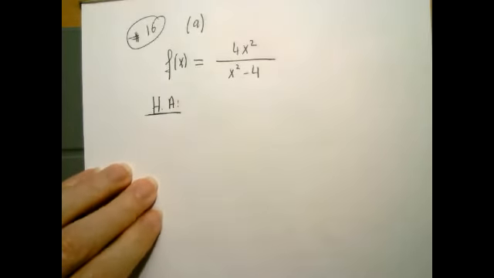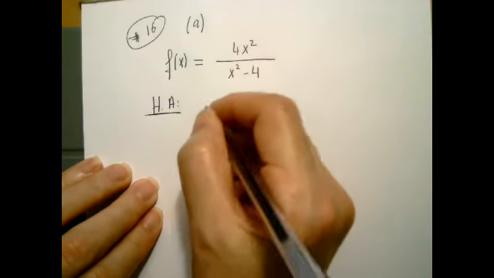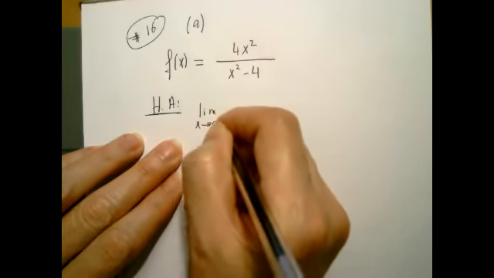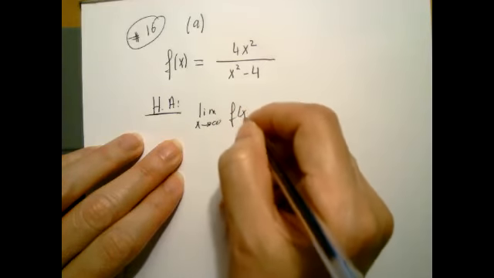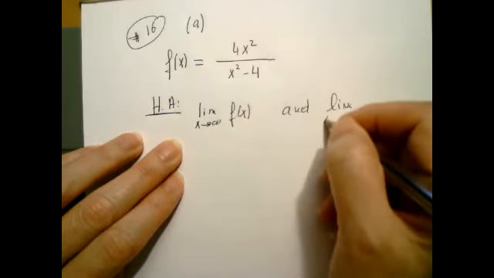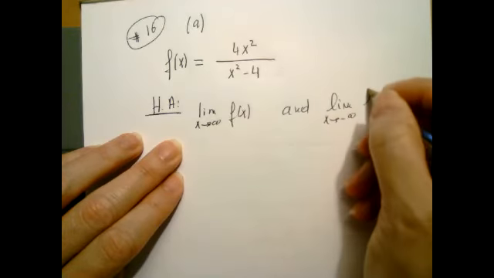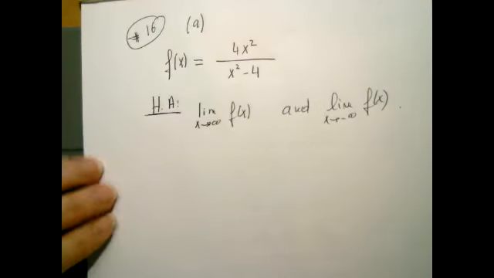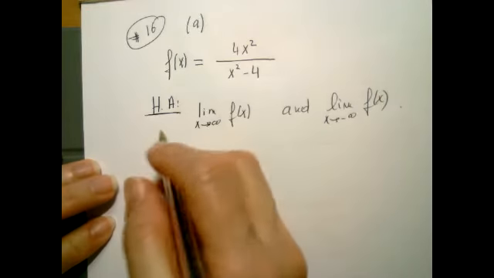Okay, so horizontal asymptote. Here, I'm studying the end behavior. So here I have to study the limit as x goes to plus infinity, and the limit as x goes to minus infinity. All right, so let's do that. This is hopefully not hard.